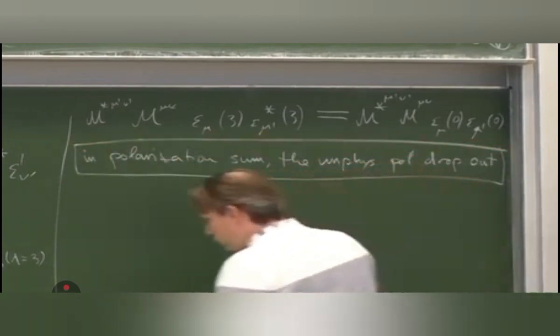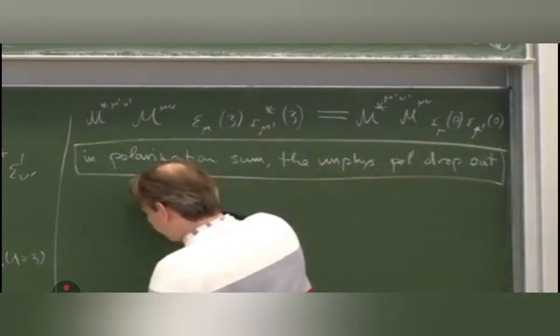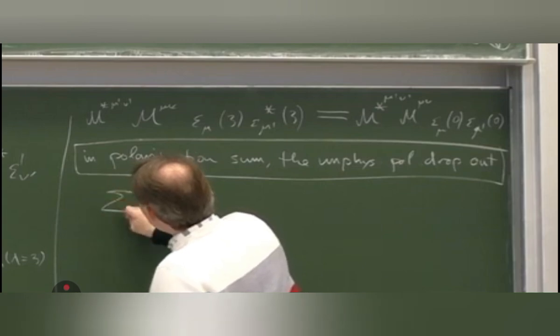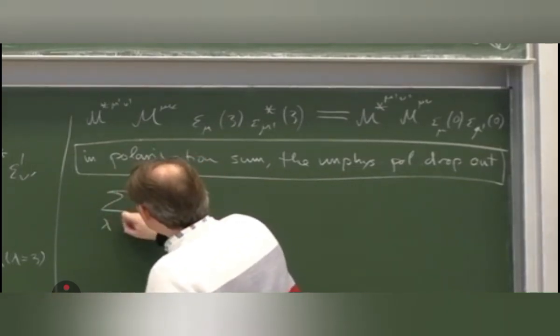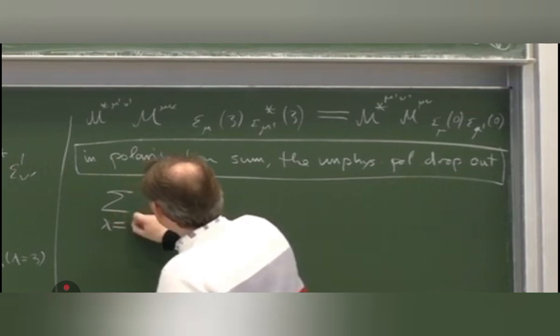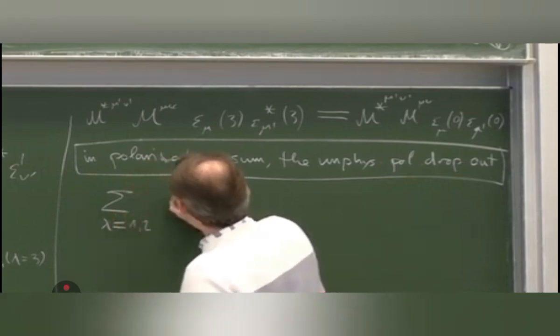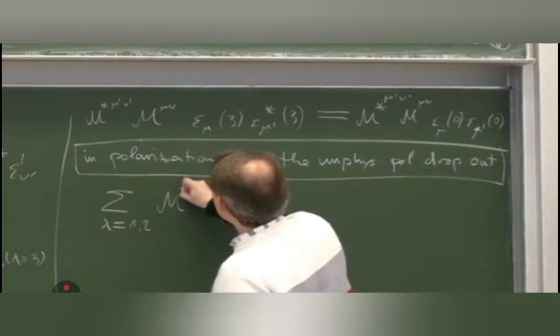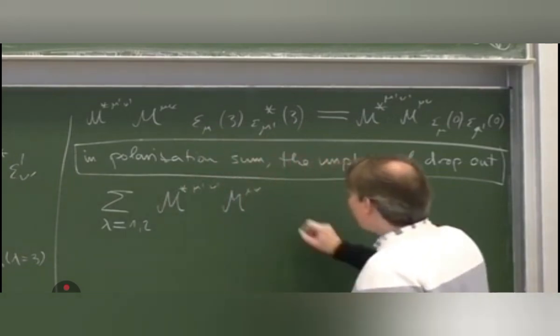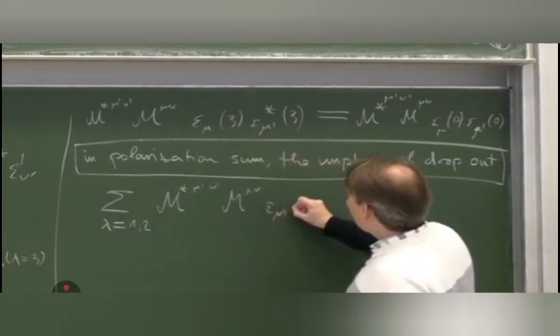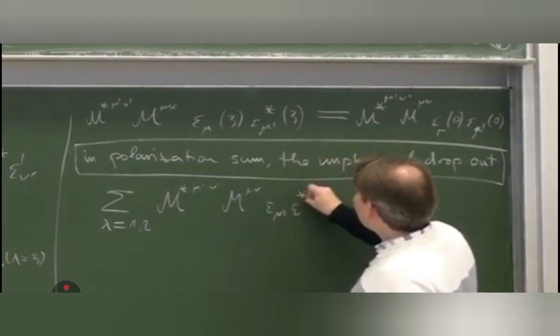So let's make that explicit. We have first of all the sum over lambda equal 1 and 2 of this expression, M star mu prime, M mu, of epsilon mu, epsilon star mu prime.